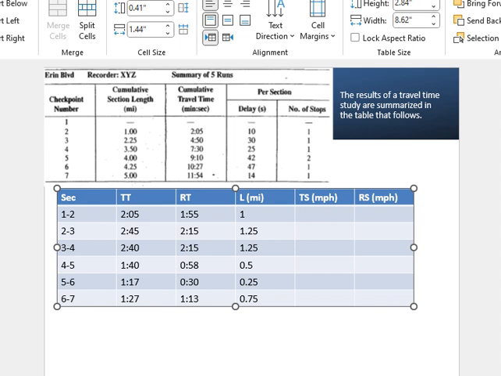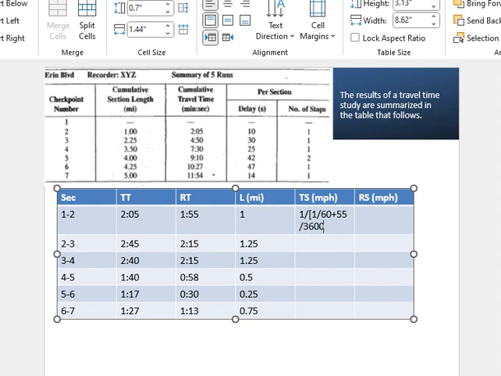So distance is 1 mile. Now the time is in minutes and seconds, and I want the speed in miles per hour. So if it is 2:55, so 1 divided by 2 over 60 plus 55 over 3600, for the conversion.